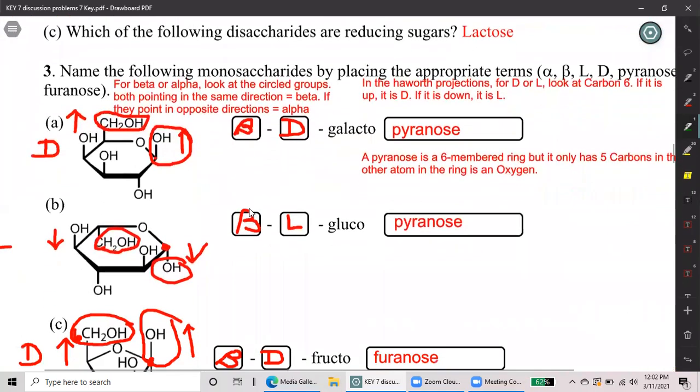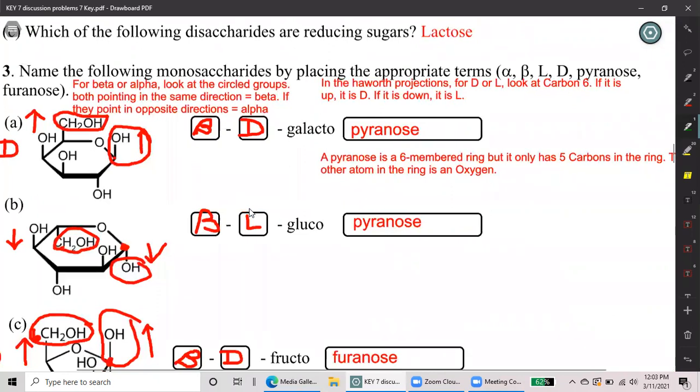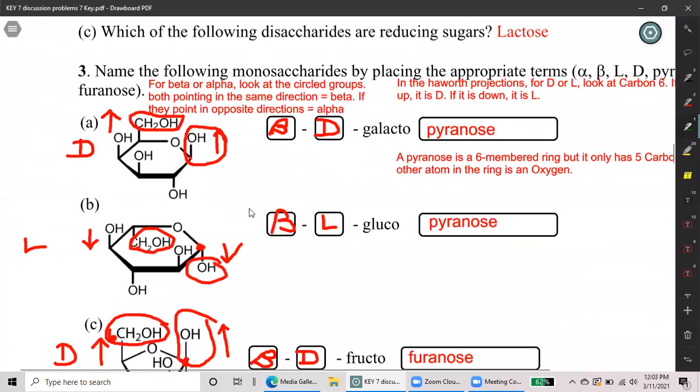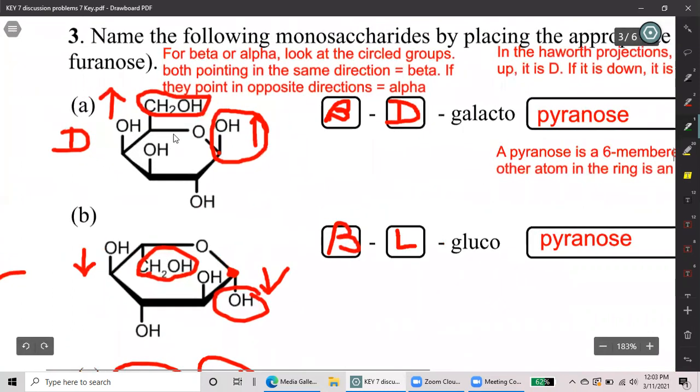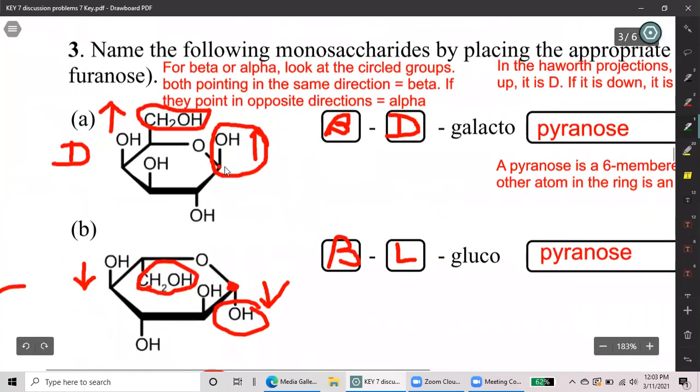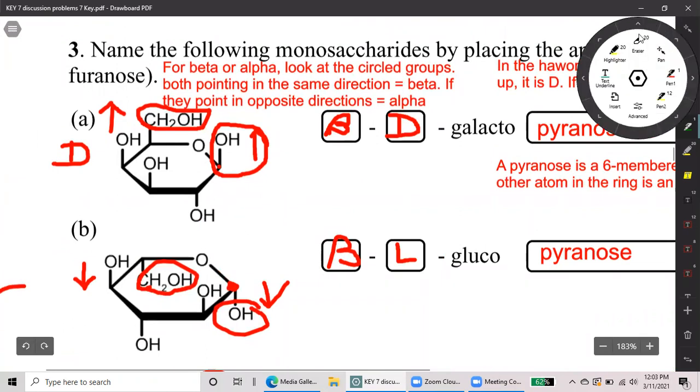Okay. Name the following monosaccharide by placing the appropriate terms: alpha, beta, L, D, pyranose, or furanose. Okay, so for this first one, let me erase that so you guys can see better.